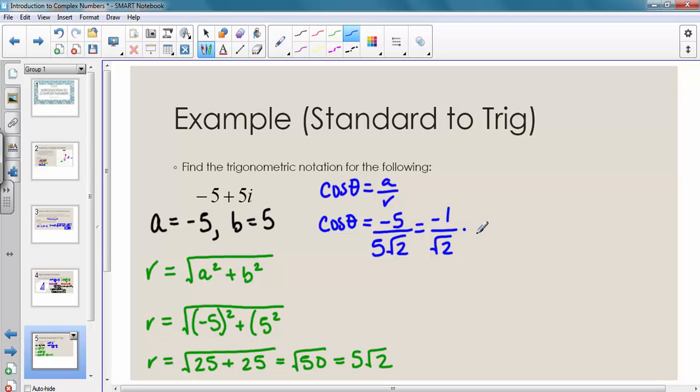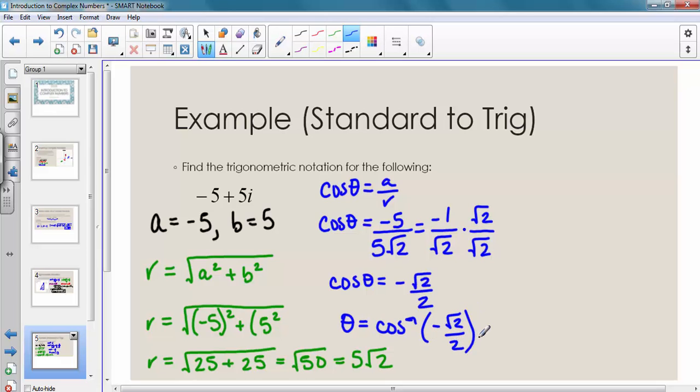But we don't want to leave that square root of 2 in our denominator, so I multiply both the numerator and the denominator by square root of 2. I get cosine of theta equals -√2 over 2. So my theta needs to equal cosine inverse of -√2 over 2.